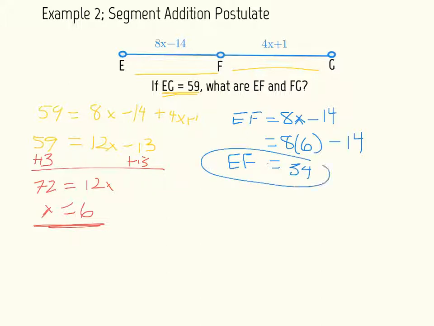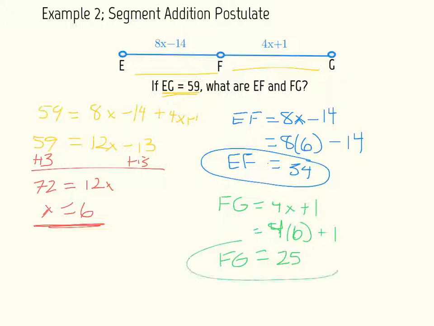And that would be your length. And the last one is FG. That's going to be equal to 4x plus 1. So that's 4 times 6 plus 1. 24 plus 1 is 25. So FG is going to equal 25.